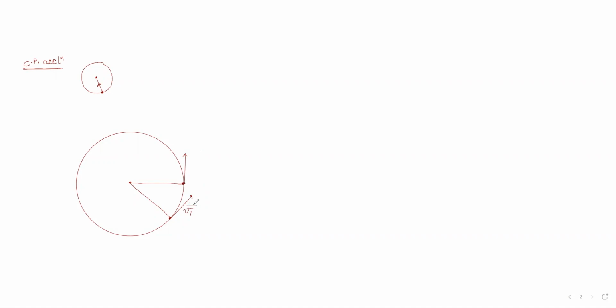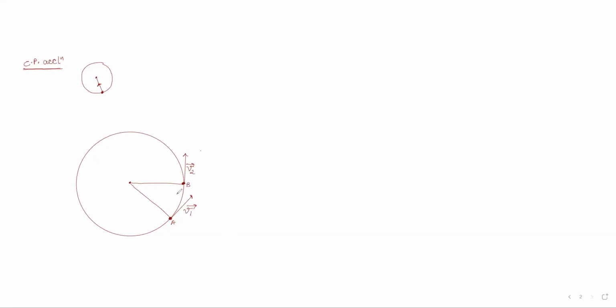Like this velocity is v1 and this velocity is v2. Let us say that this is point A and this one is point B, such that the velocity of the object at point A is v1 and the velocity at point B is v2.